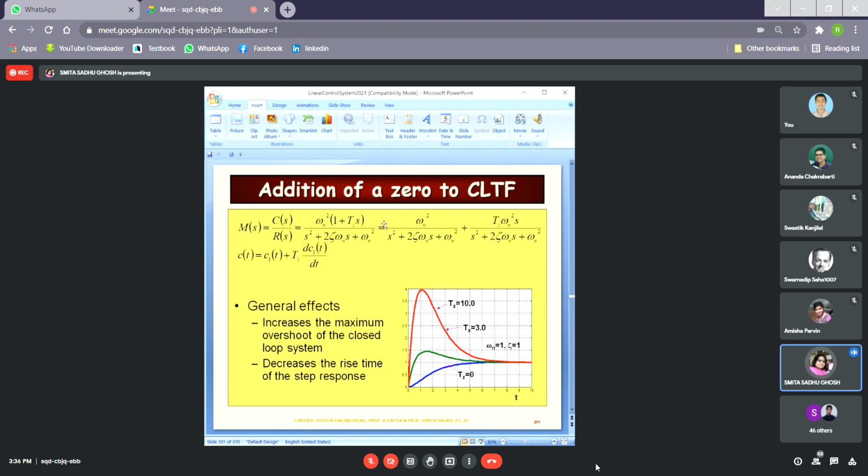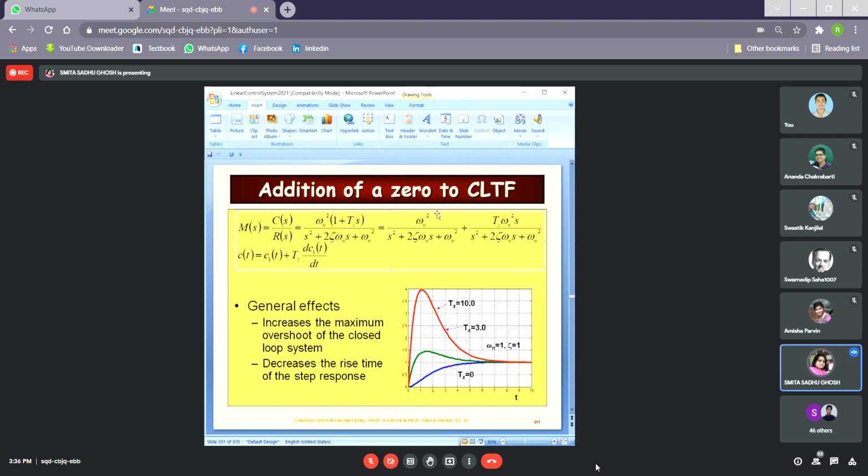So here now, this transfer function can actually be broken up into two parts, isn't it? The first part being omega n square by the denominator, and the second part being tz omega n square s by the denominator, right? So now the time response would consist of two parts. One being the response due to the first part, the Laplace inverse of which is going to be exactly similar to the second order response.